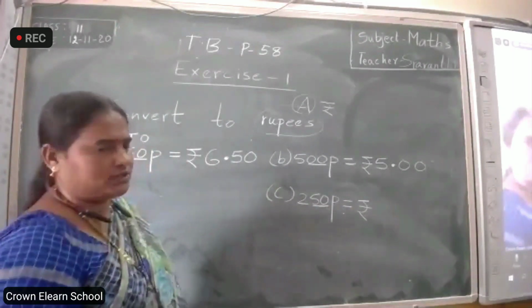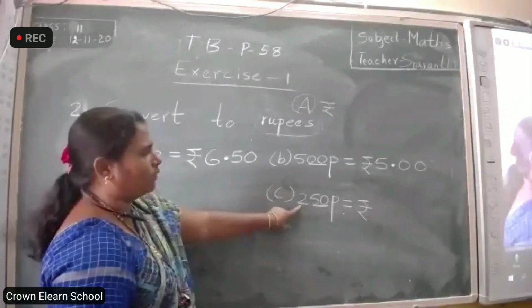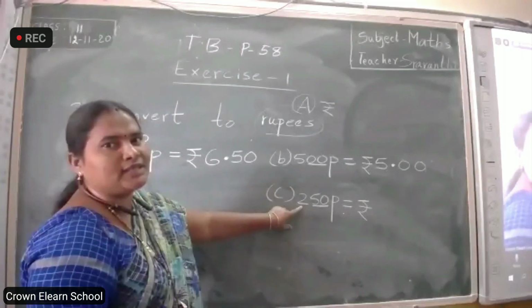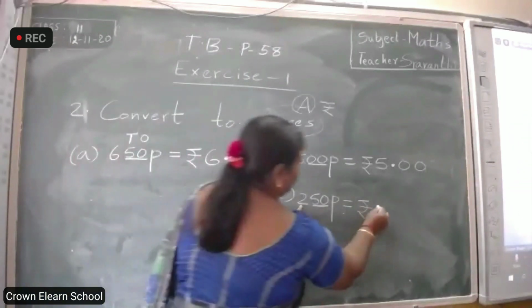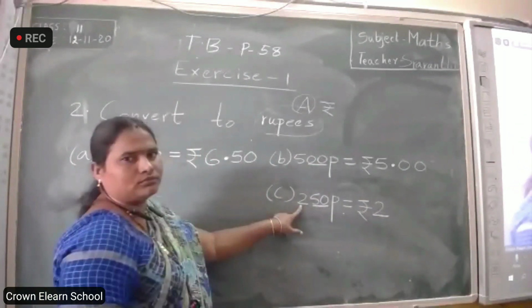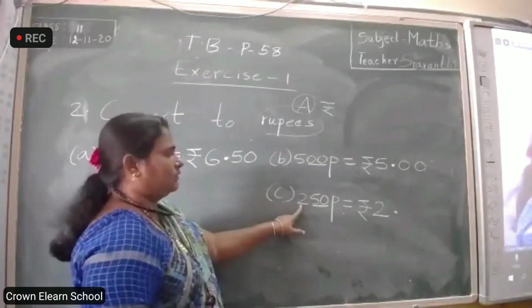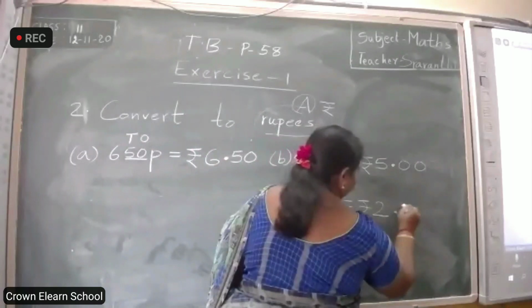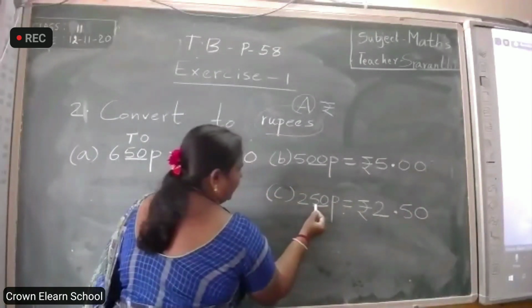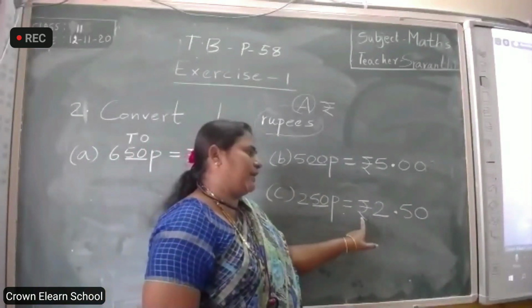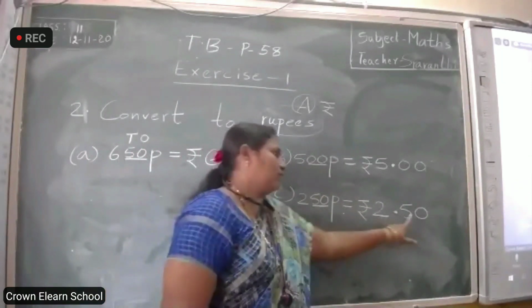Now we take 2 as rupees. 2 dot 50. Ones place, tens place, 50. So we got 2 rupees, 2 rupees 50 paise.